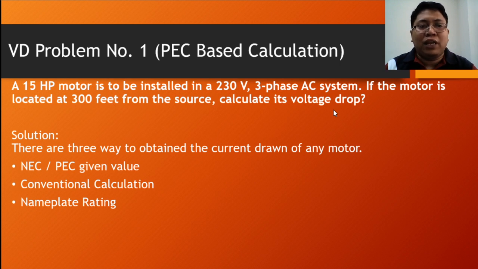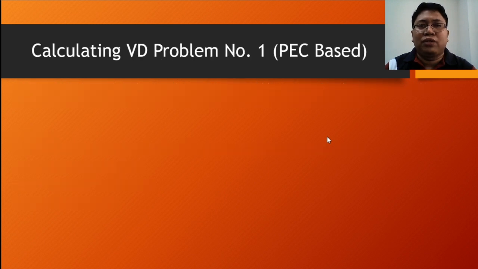And then yung pinakamadali, pangatlo, yung nameplate rating. Sa nameplate kasi kompleto na nandun na lahat. Yung current rating, kung ano yung power rating niya, ilang HP, and as well as yung mga efficiency tsaka power factor niya. But then, for the sake of the discussion, let's use the conventional calculation.